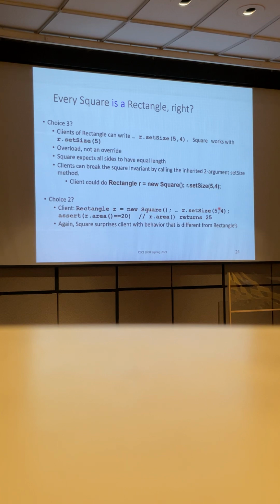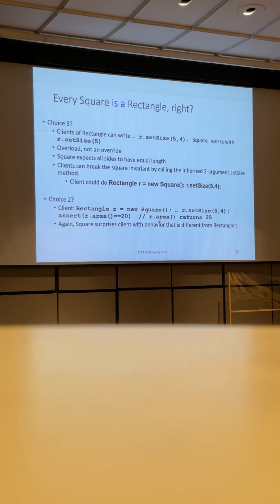because when our client is written against the rectangle, they expect for a rectangle 5 by 4 the getArea method to return 20. Whereas that same method, if instead of a rectangle with 5 and 4, we give them a square object with 5 and 4, even if we try to ignore that 4 and say it's only going to look at 5, still area would return 25, 5 squared.